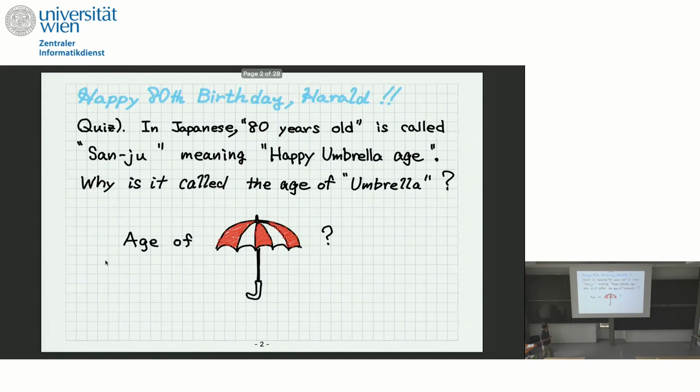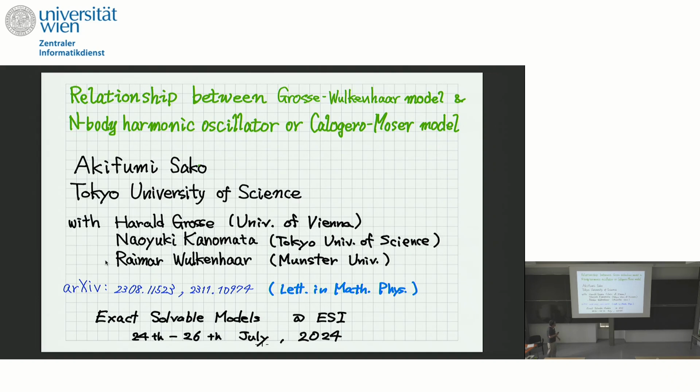Today's work is also based on joint work with Harold and Naoyuki Kanomata, a postdoc at my university, and Raima. I'd like to talk about the relationship between the Grosse-Wulkenhaar model and the n-body harmonic oscillator. The Grosse-Wulkenhaar model is a kind of matrix model; I will explain later.